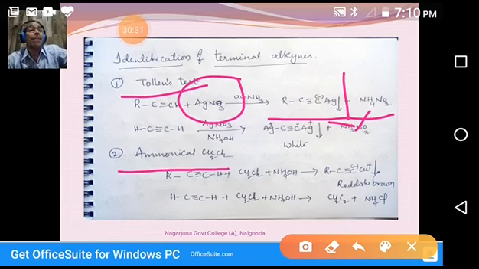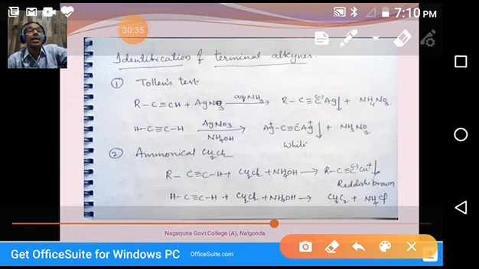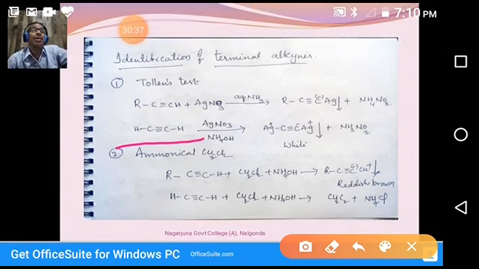For example, acetylene, ethyne, has two acidic hydrogens. These two acidic hydrogens are replaced by two silver ions, Ag+.